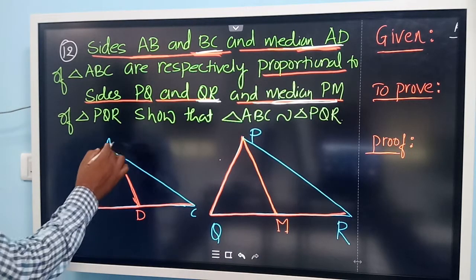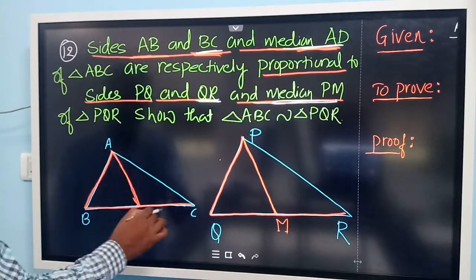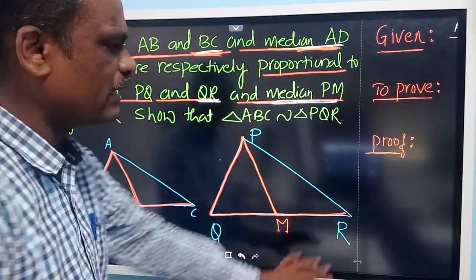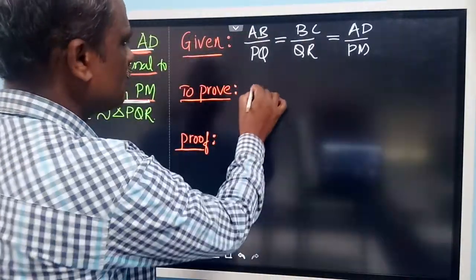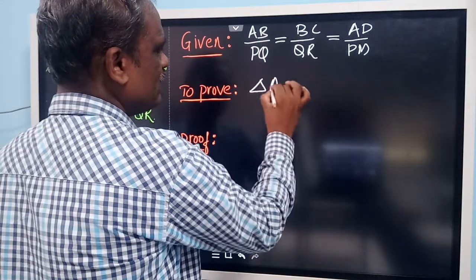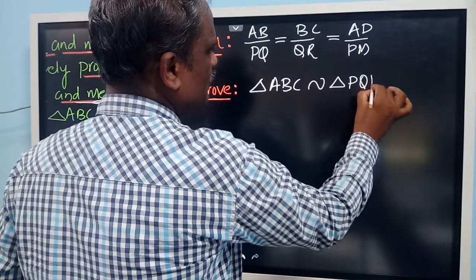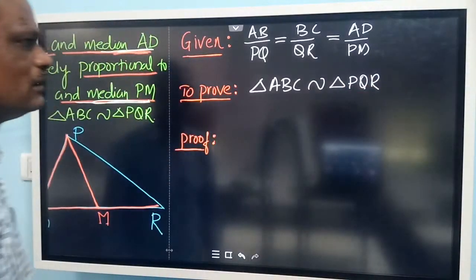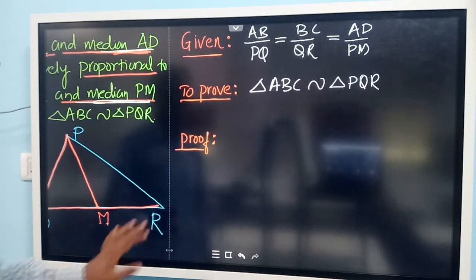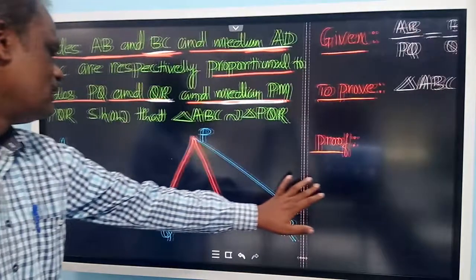Now your job is to prove that the given triangle ABC is similar to PQR. So let us write, to prove that triangle ABC is similar to triangle PQR. We need to prove these two triangles are similar. Okay, so now let us go to the proof here.